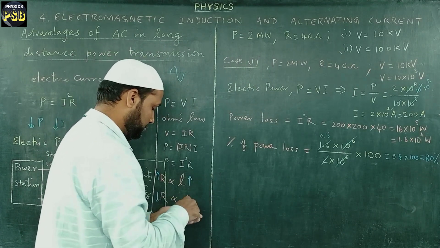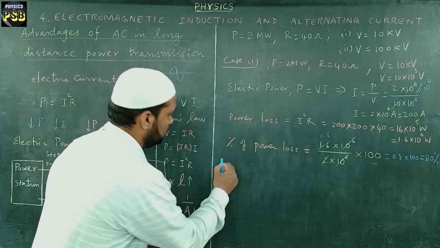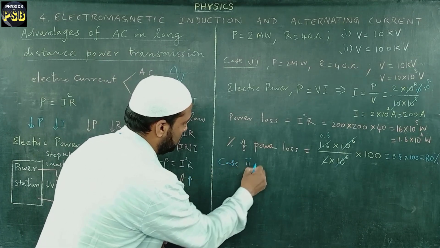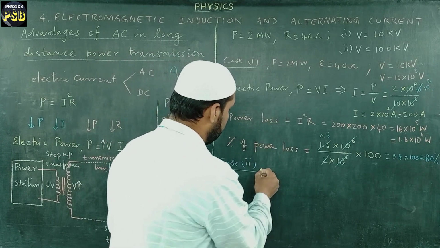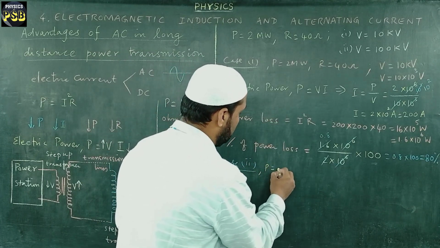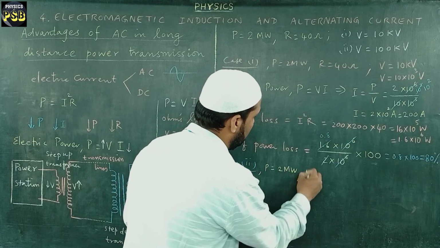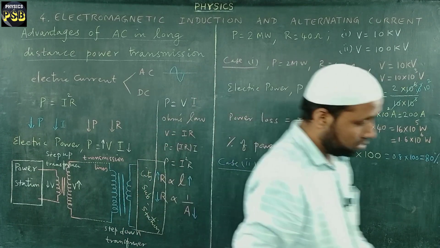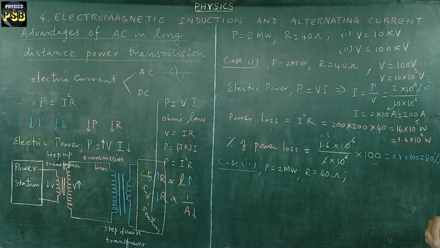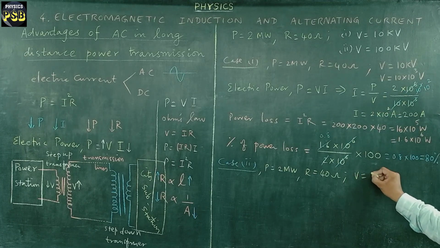In case 2, power remains equal to 2 megawatt. R is 40 ohm. But the value of V? What's the value of V? The value of V is taken as 100 kilovolt.